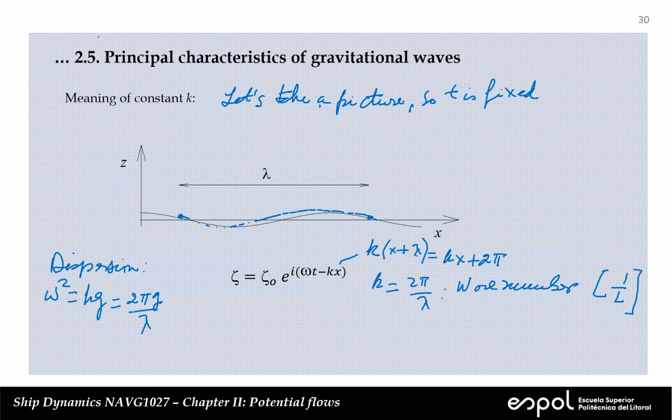So that's something which should be in your memory. Omega squared equals kg, and k is equal to 2 pi over lambda. So the longer the wave, the lower the frequency it has.